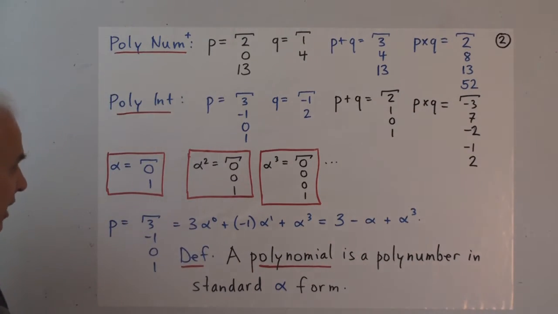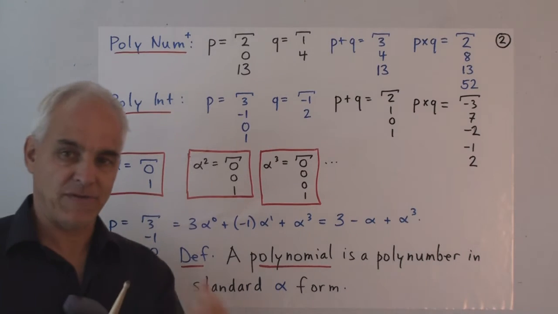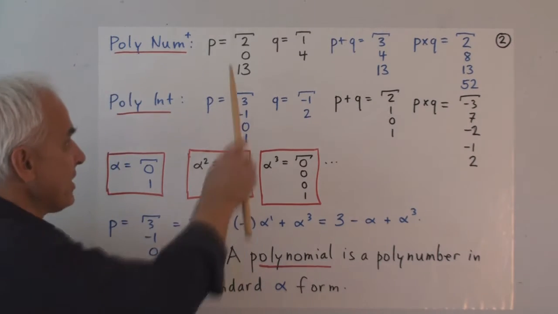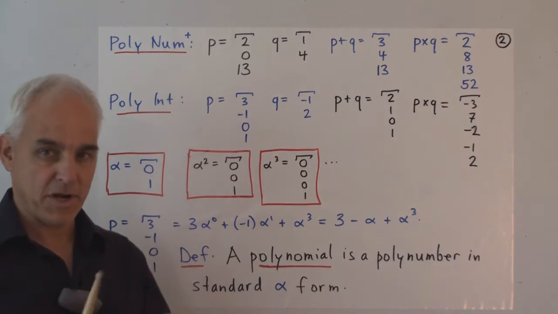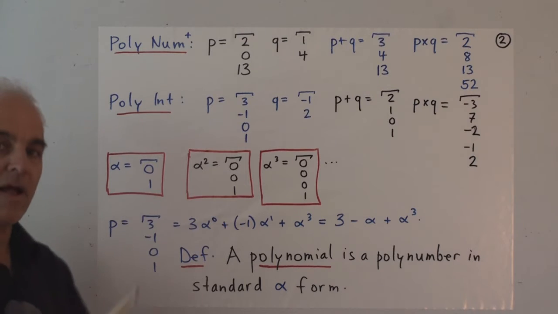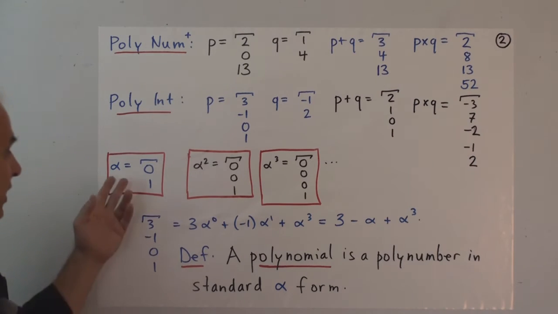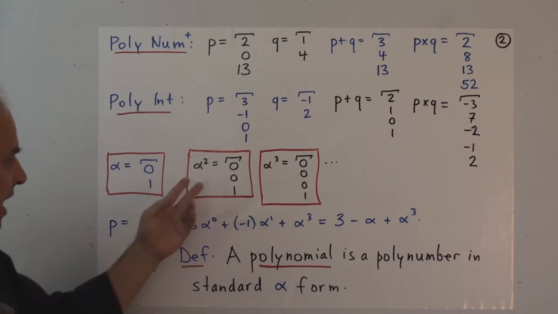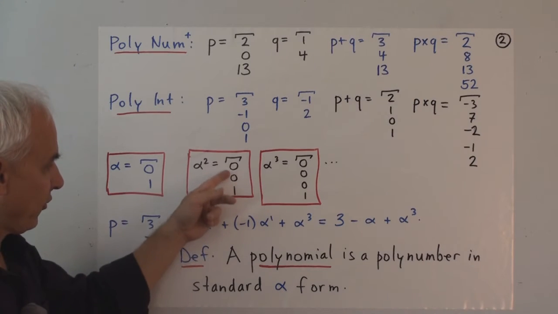And the way we did that is by introducing a symbol for a very special polynumber. The polynumber, which is sort of the smallest one, which is not actually sort of like a number. The ones up at the top here are acting just like ordinary numbers. The next one down, this one here, is the first one that's sort of beyond the numbers. We're calling it alpha. Then alpha squared is this one with 2 zeros.